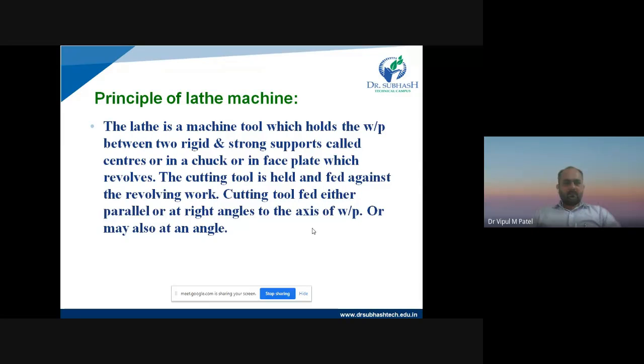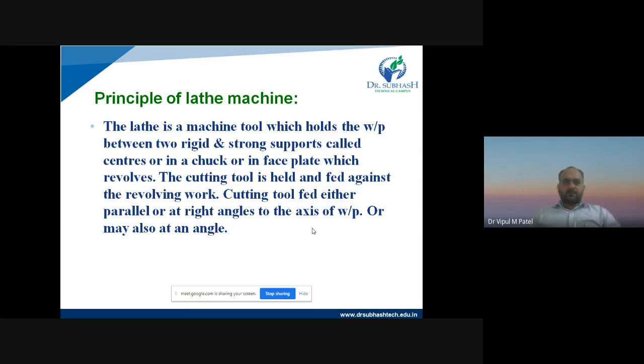First of all, we are going to discuss the principle of the lathe machine. I hope all of you have seen the lathe machines in our workshop, in the machine shop. The lathe is a machine tool which holds the workpiece between two rigid and strong supports, which are called centers, or in a chuck or in a faceplate, which revolves.